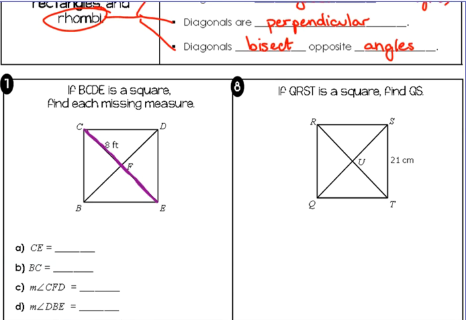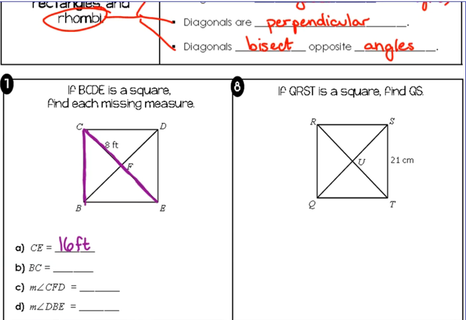They've labeled C to F, that's 8, so from C to E is 16. From B to C. Well, the only thing that they told me was that diagonal.